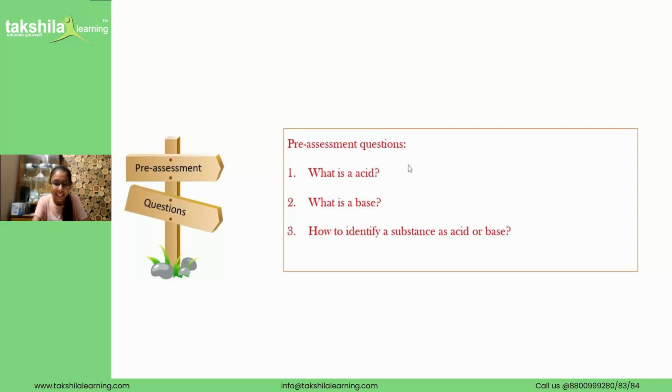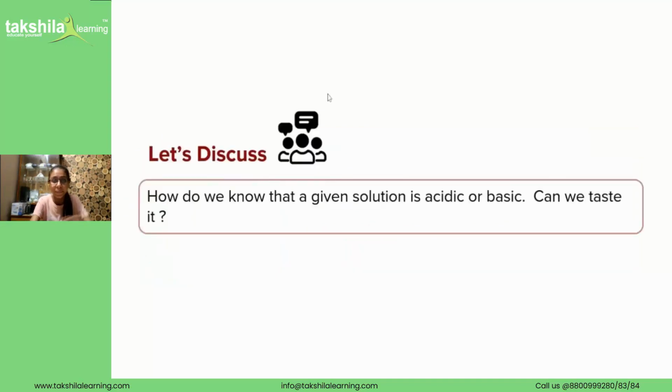The third question, and the easiest one, says, how to identify whether a substance is an acid or a base? For that, we'll find out with the help of an activity. The next slide asks how we know whether a given solution is acidic or basic, and how we can just taste it and touch it.